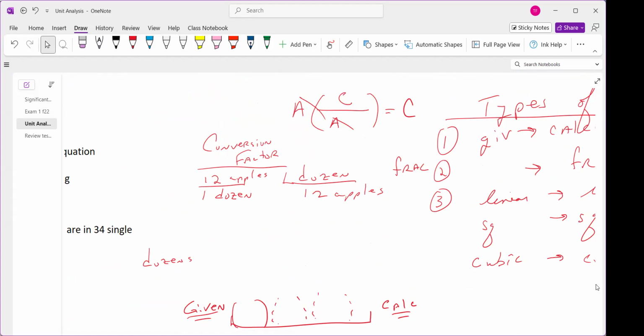Here is the given and unit calculated. So we're starting with something that's not a fraction, so then we get to end with something that's not a fraction. If we start with a fraction, if a given is a fraction, we have to come up with a fraction and calculate an answer. So, fraction to fraction.